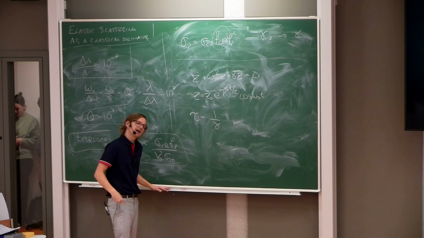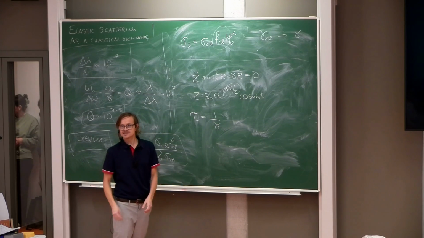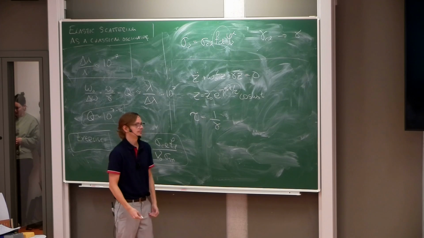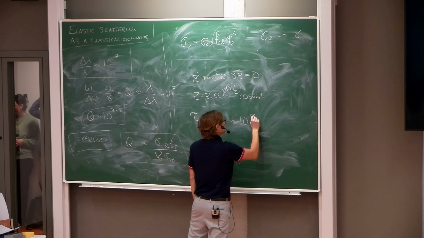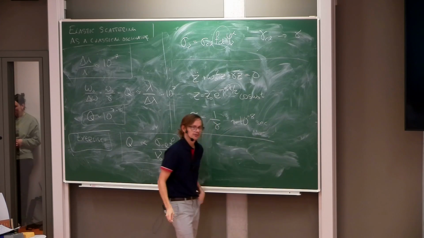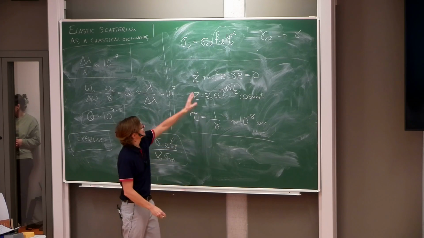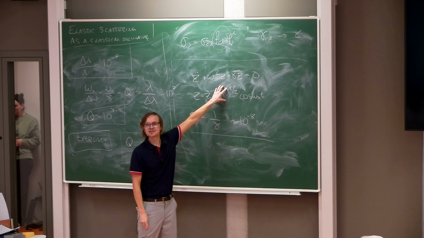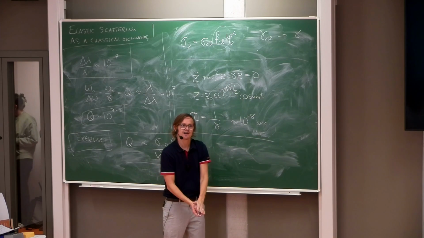And again, if you plug in the classical values, you will get that this is extremely short, 10 to the minus 8 seconds. And that means that the lifetime of the excited state here is extremely short. In this case, it's the oscillation, once this is turned off, dies out very, very fast.